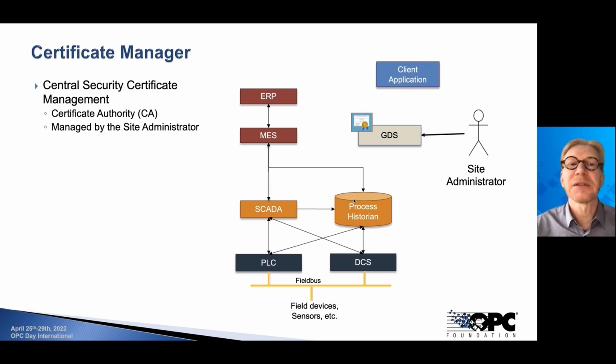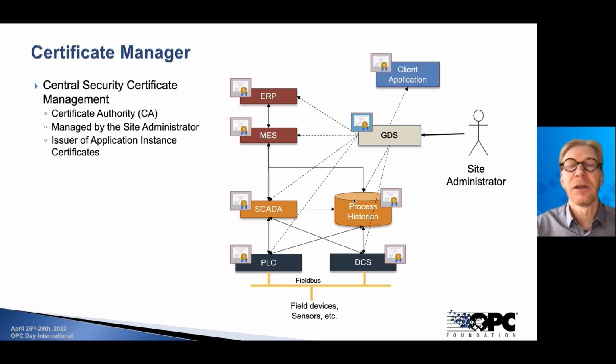And these are in practice managed by the site administrator, and the site administrator defines which applications are accepted to this network of trusted applications, and the trust is defined using these application instance certificates that the GDS will issue for the OPC UA applications.